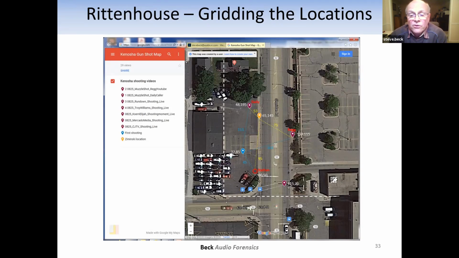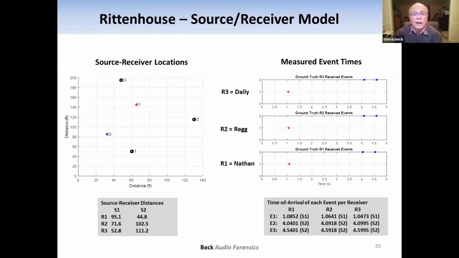I got the locations in that grid, and I used Google Earth to make measurements between all of those sources and receivers. I also looked up the approximate temperature so that I could look at the speed of sound. And I made a model.